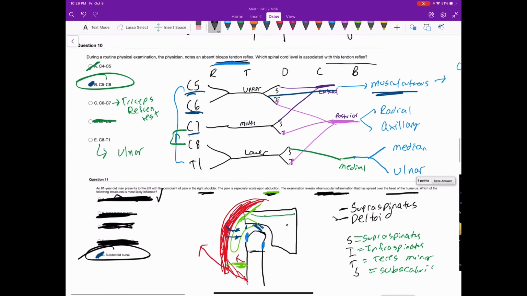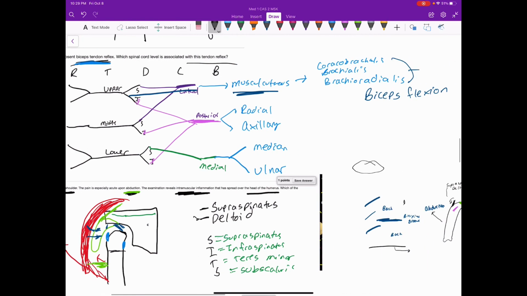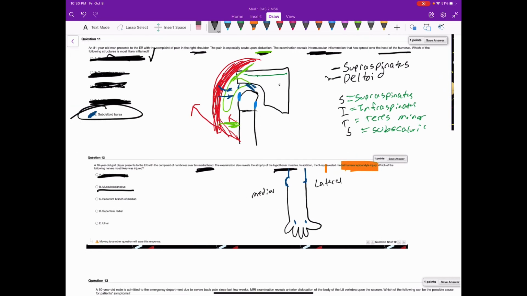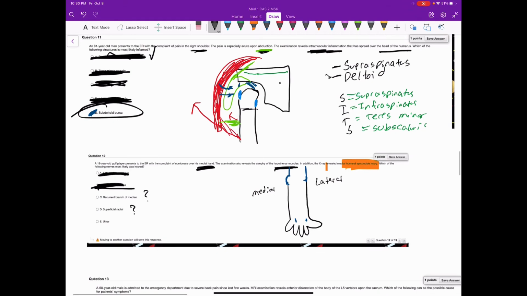Well, above I said musculocutaneous is for the biceps, so that has nothing to do with the hand. So no. Recurrent branch of the median nerve. Well, maybe. Superficial radial. Maybe. Ulnar. Maybe.